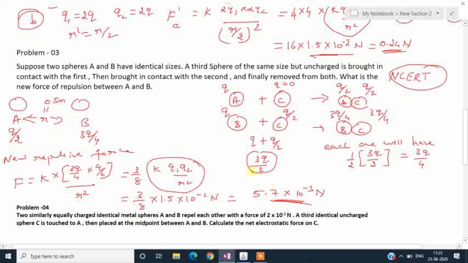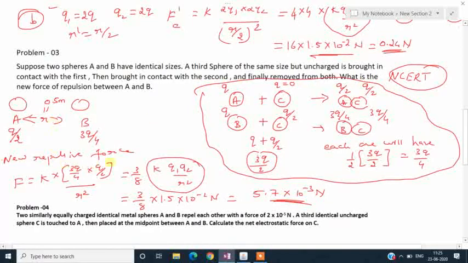So that's the way. Here we need to understand a very important thing, this process that we did here. After that, it is just a calculation using Coulomb's law. If you bring an uncharged body near a charged body, the charge will redistribute in such a way that both will have the same charge. Here, C was having 0, but A was having Q. When I made contact, A got Q by 2 and C also got Q by 2.